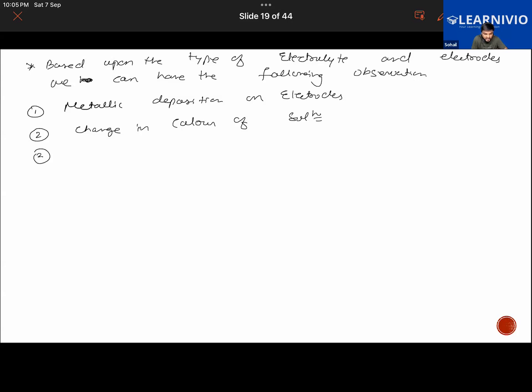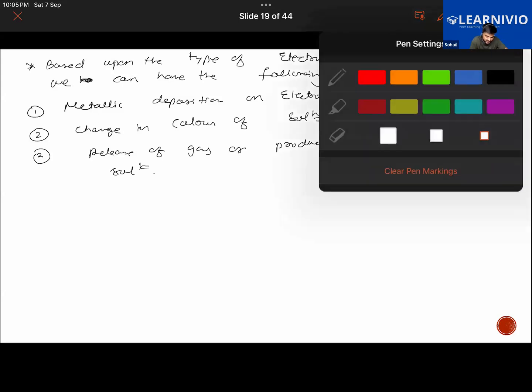Third thing I said is that it could be release of gas or production of bubbles in the solution. So these are the things which can happen when electrolysis is going on.